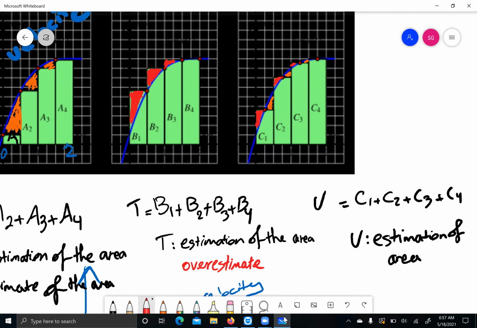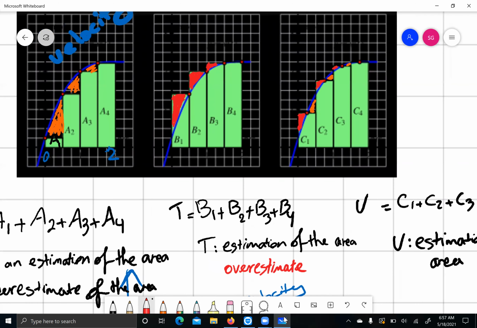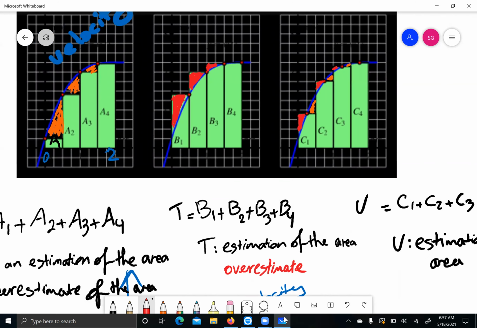So between the 3 methods, what is the first method? It's an underestimation of the area. What is the second method? It's an overestimation of the area. The third one, the last one, is a combination of both.